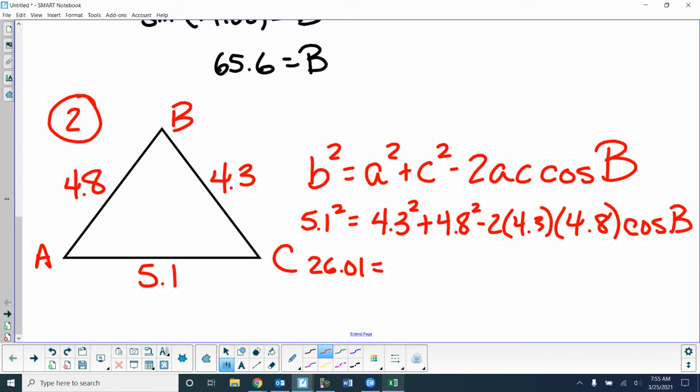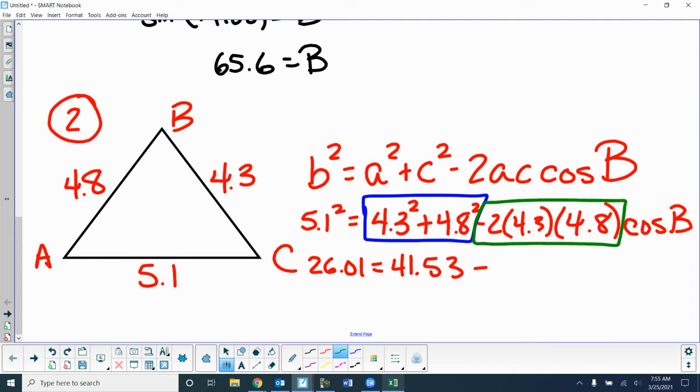These two together is 41.53. And then these three together is 41.28. And then times the cosine of B.